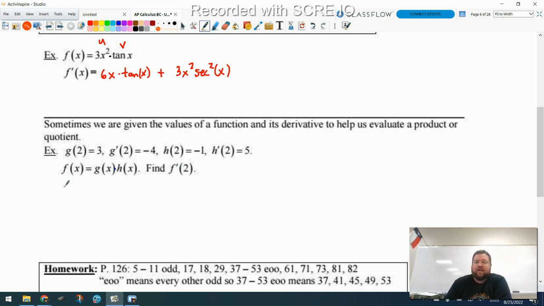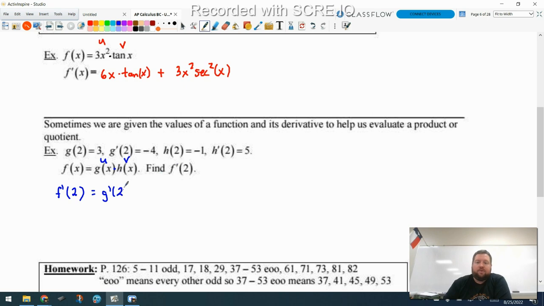All right, so we need to find f prime of 2. Okay, so basically I'm going to plug in 2 every time there's an x just because I don't want to write it out twice. Okay, so this is u, this is v, product rule. So u prime is g prime times h. And I just said I was going to write 2 and I forgot.